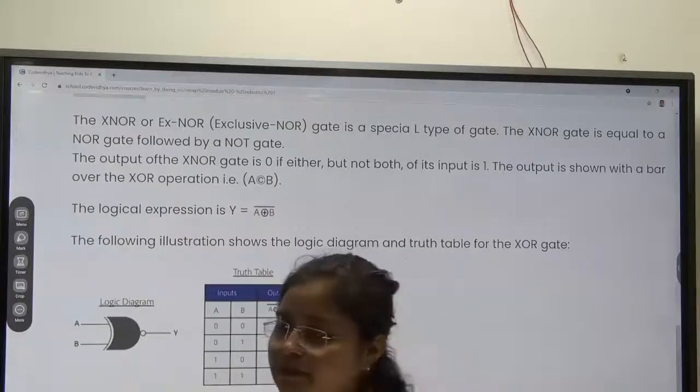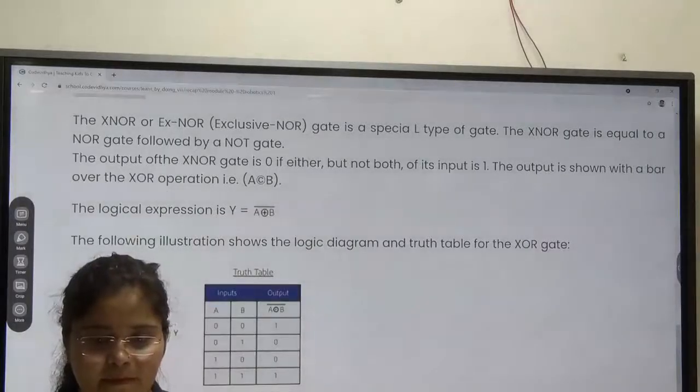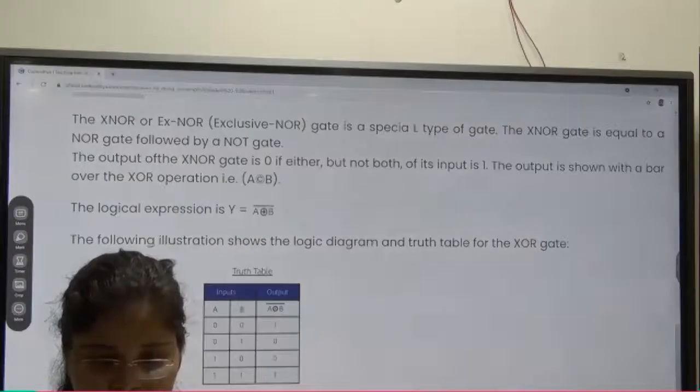Okay. So who can tell me the difference between XOR and XNOR gate? Raise your hands, who wants to try the difference between XOR and XNOR gate? Ronak wants to tell. Okay, Ronak. Yes, Ronak.